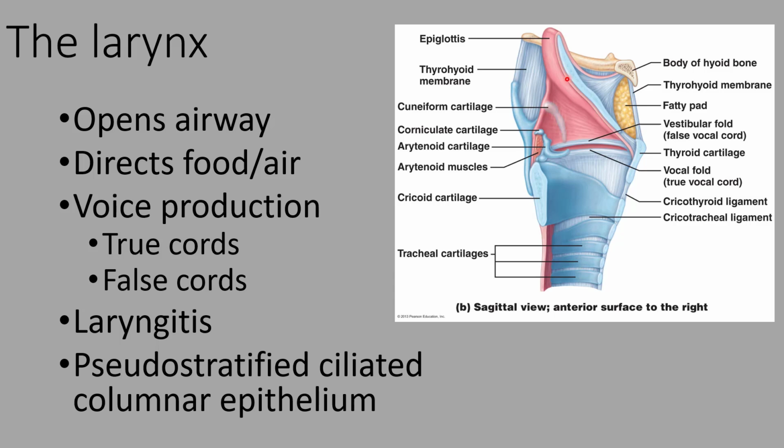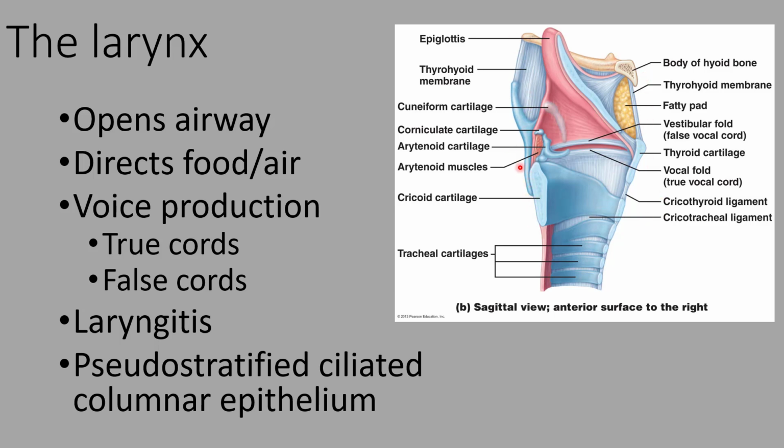All right, so right here is the epiglottis. The epiglottis is a little kind of stiff structure that sticks up from the larynx. And the larynx itself is hyaline cartilage.